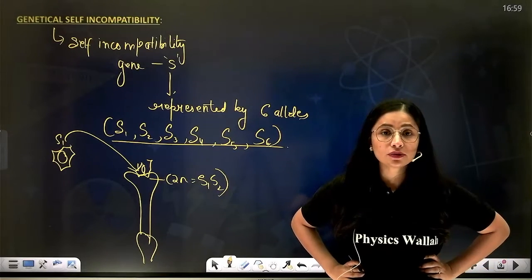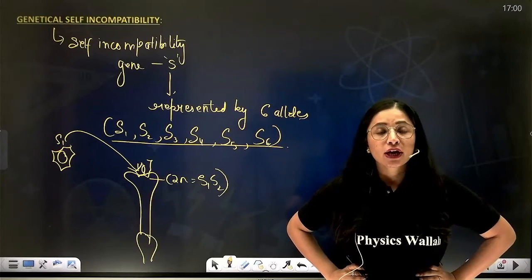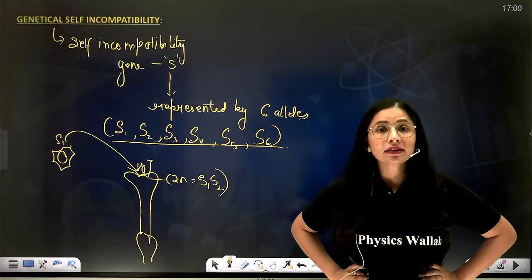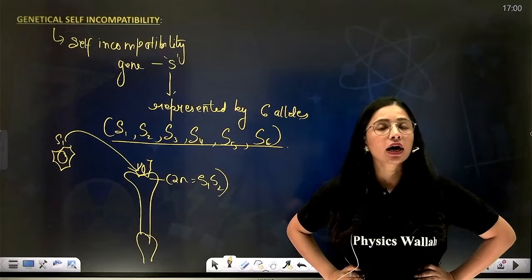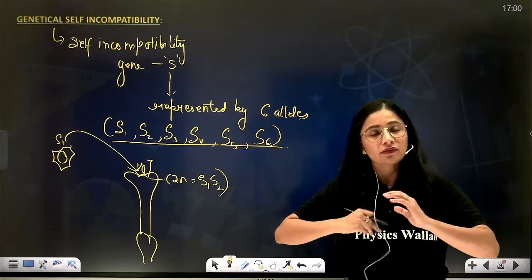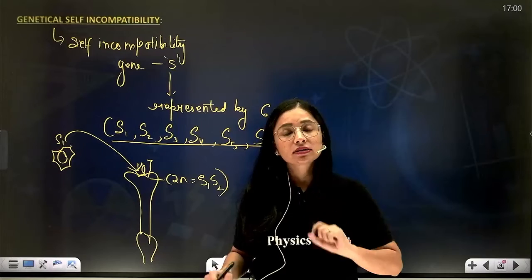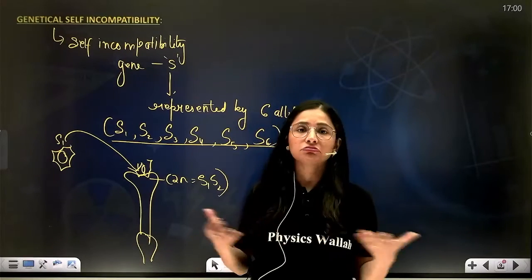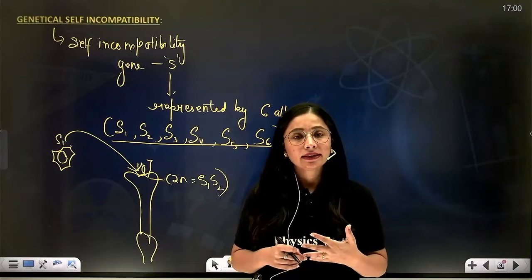So this is known as self-genetic incompatibility, where pollen grains bearing the same allele as that of the stigma for the S gene are not allowed to grow. So this is self-incompatibility, where the same allele combination does not germinate. Getting my point? Yes or no?